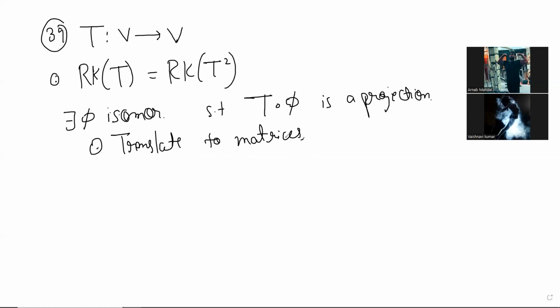If you translate this to the language of matrices, you should get something nice. Okay. Now, you also try to do this. Can someone give me another kind of example of this kind of operator? It will also be a projection by what we have seen.